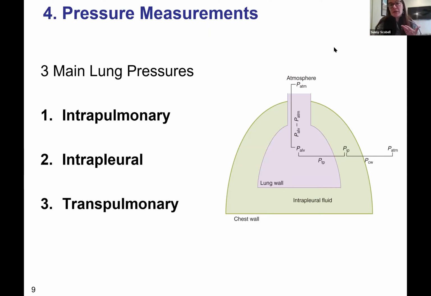This is a very simplified model of a lung. We have the trachea that comes down and splits into 2 main bronchi. Then each lung is wrapped in its own pleura, its own sac that surrounds the lung and has intrapleural fluid in it.